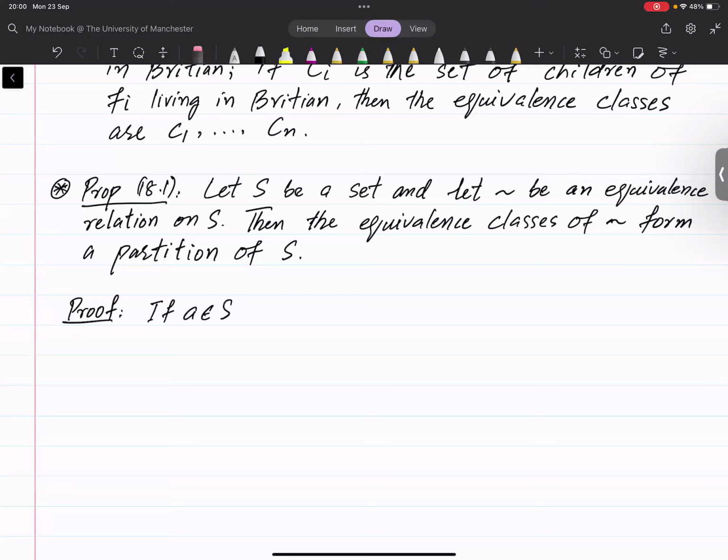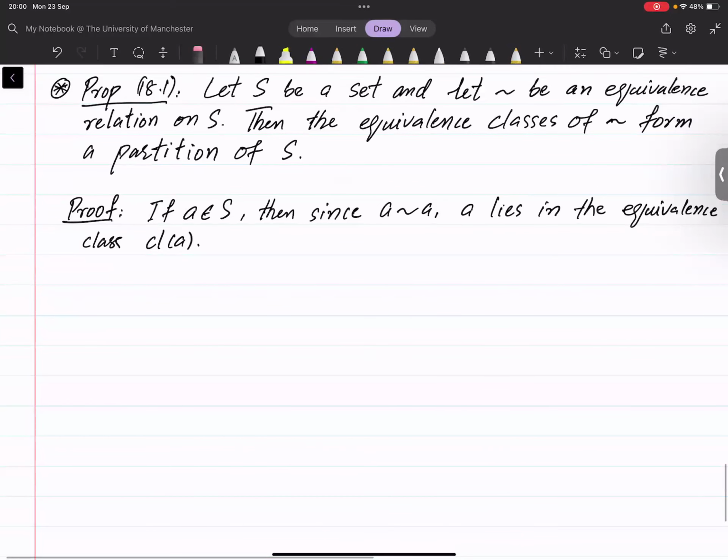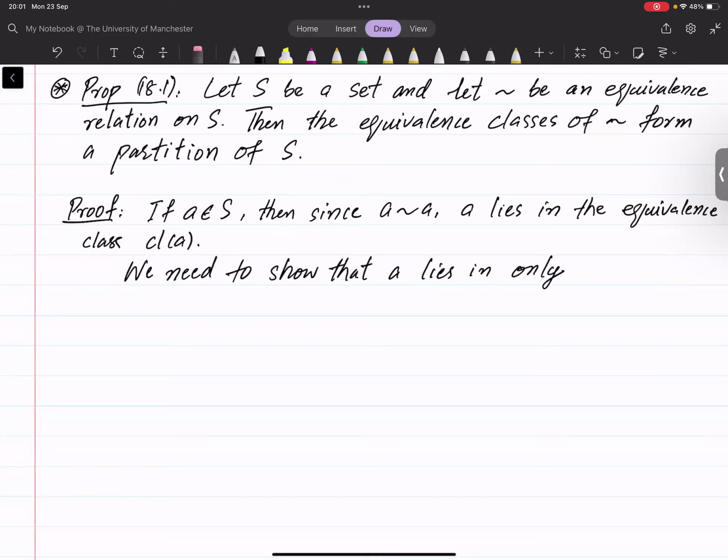If A is an element inside S, then since A is related to A, A lies in the equivalence class CL of A. We need to show that A lies in only one equivalence class.